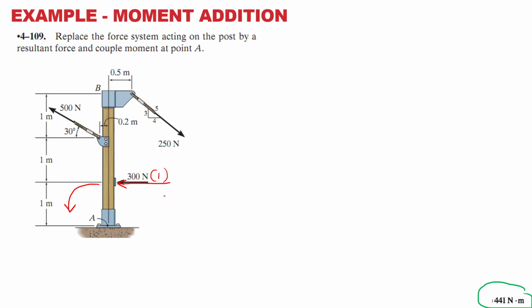So let's take a look at the top. Tengok ni, ada distance ni, 0.2 meter. There is a distance. This thing, if you resolve, you have one force direct this, another force like that. So this one you know lah, 500 cos 30 degrees. This one you know lah, 500 sin 30 degrees.